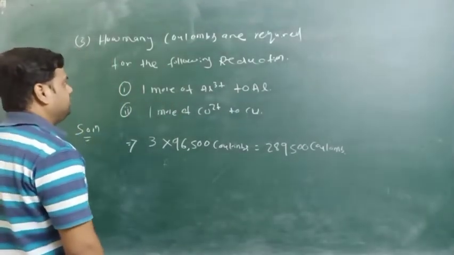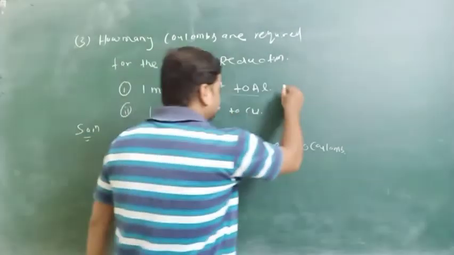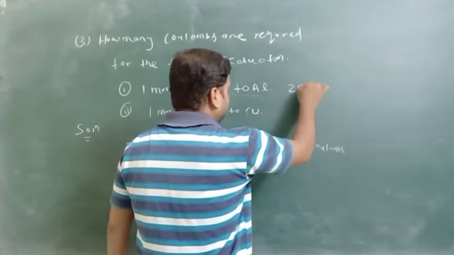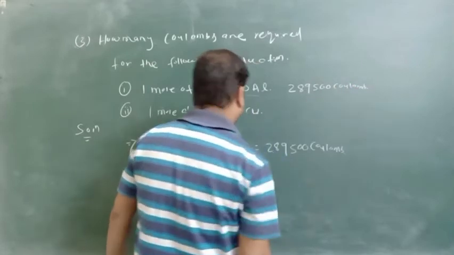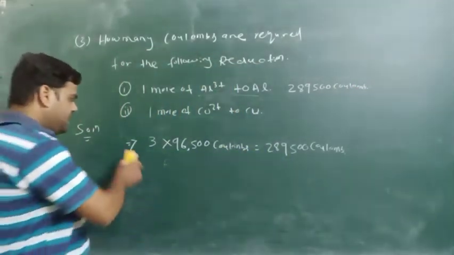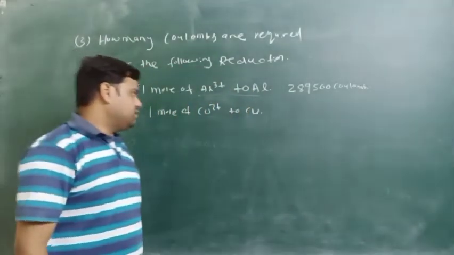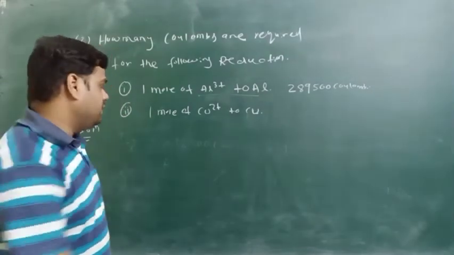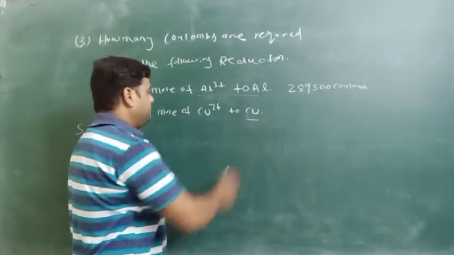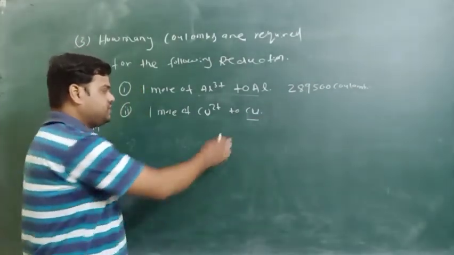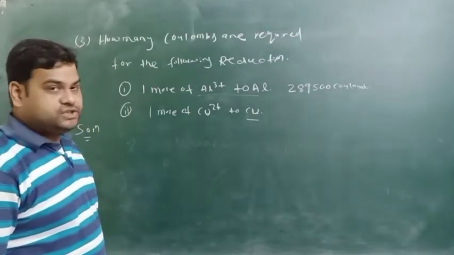So for the reduction of Al3+ to Al, it requires 289,500 coulombs of electricity. Similarly, for the copper Cu2+ ion to Cu, when 1 mole of Cu2+ is reduced to Cu, how much electricity is supplied to the electrolytic solution?